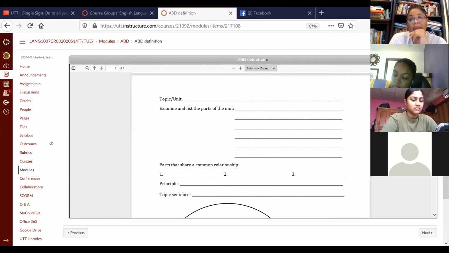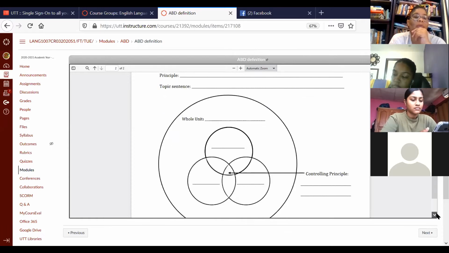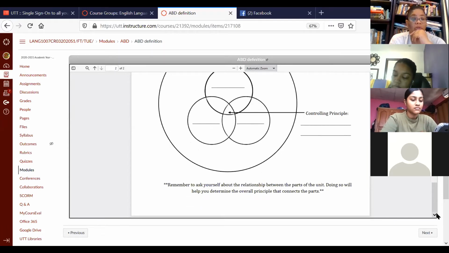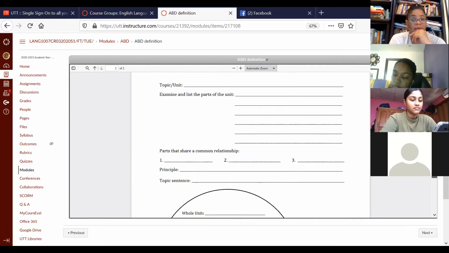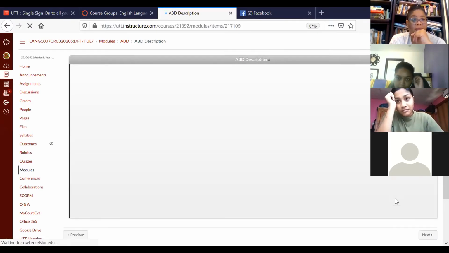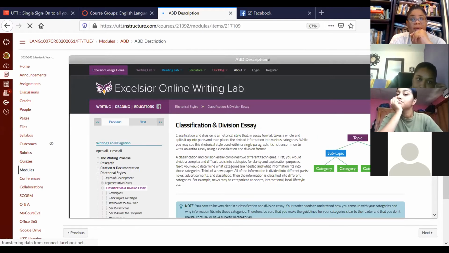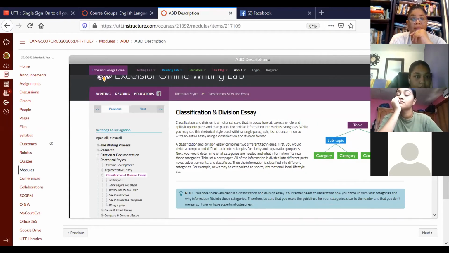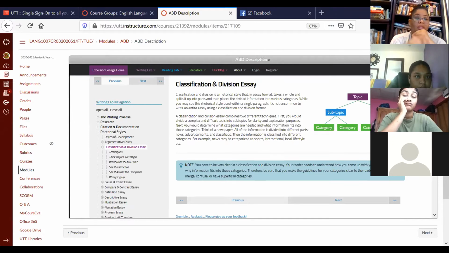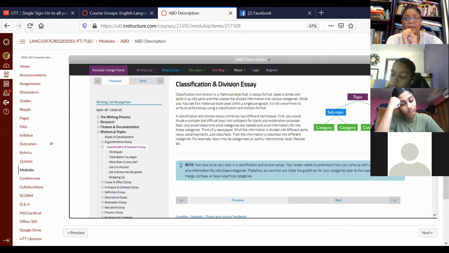So in week 3, we do have a template you can use to help you brainstorm your topic, right? In terms of outlining, we will talk about doing a sentence outline before you actually have to write your outline.